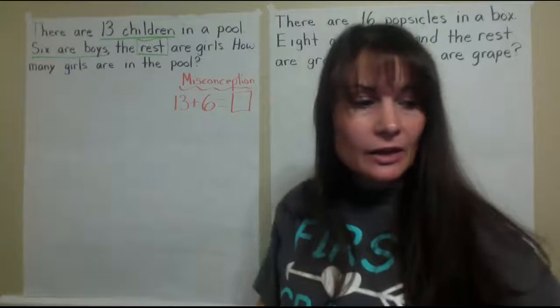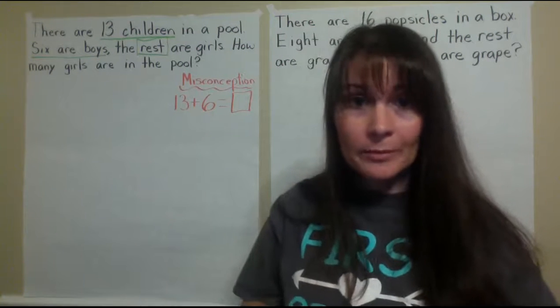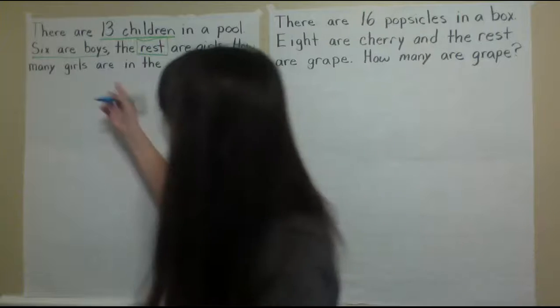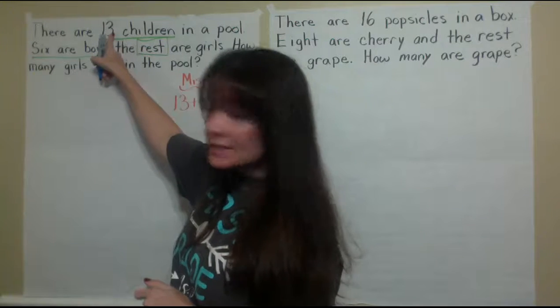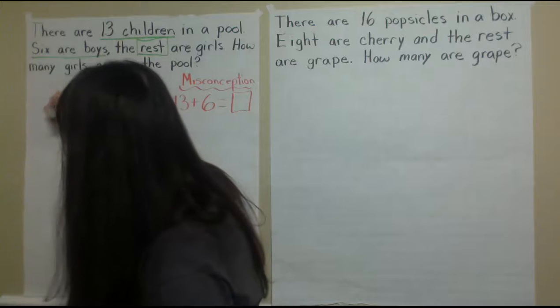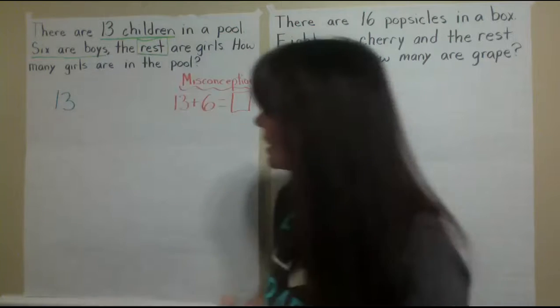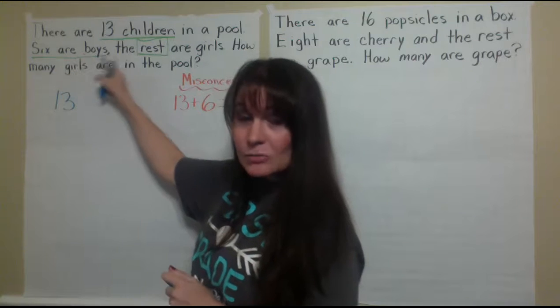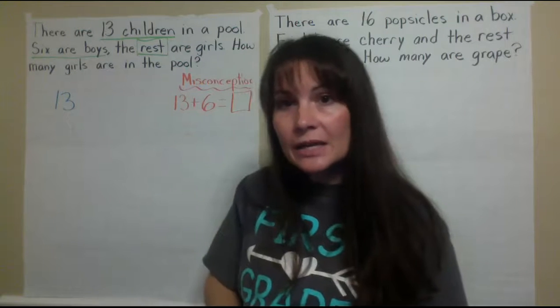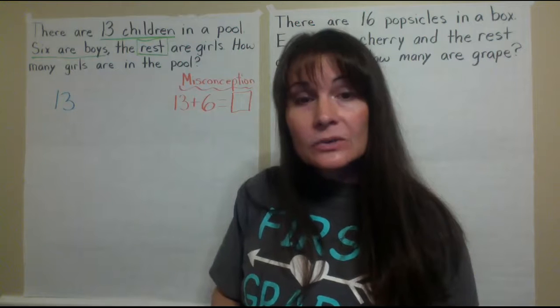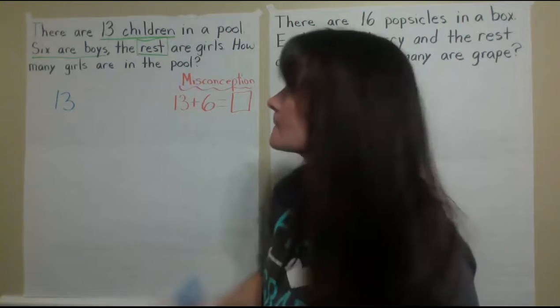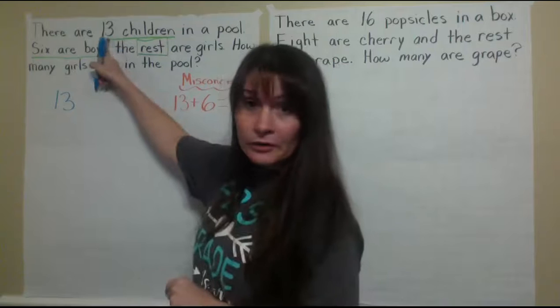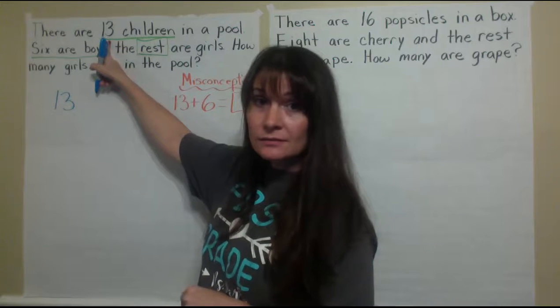So let's think about an equation that would go with that problem. If I had 13 students, I know that 6 of them are boys, and I'm trying to figure out how many are girls. So let's look at that equation. Can I have more than 13 students?